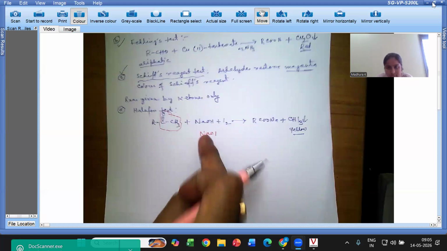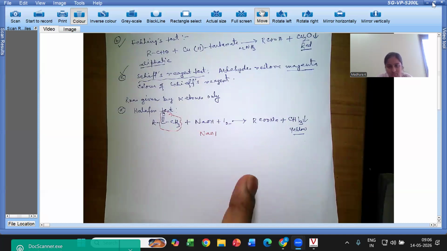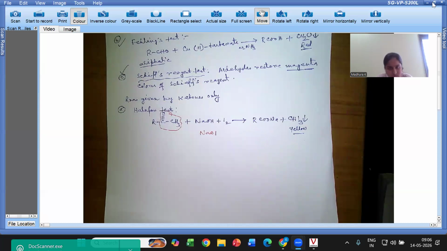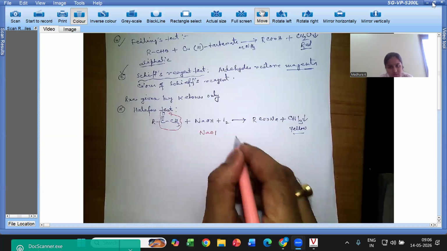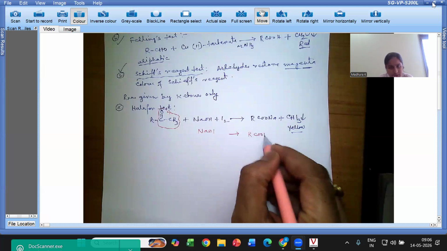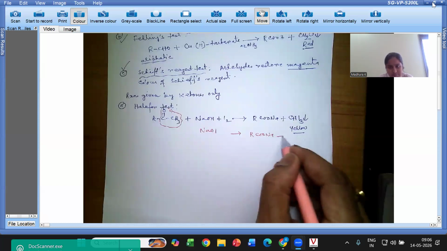They use sodium hypohalite. What is the difference? Will it become CI4 as the precipitate which forms? What is the product? You will get the same product: sodium acetate plus yellow precipitate.